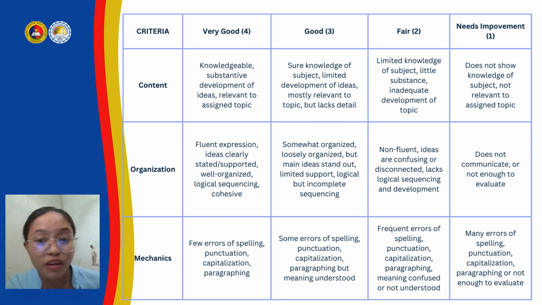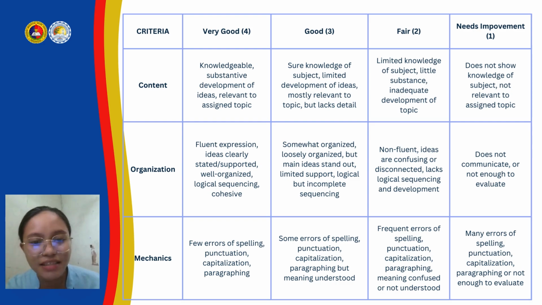So for the good, sure knowledge of subject, but ideas are limited, most relevant to topic, but lacks detail. So it still needs improvement, but still it gets a good point. And for the fair, we have two: limited knowledge of subject, little substance, inadequate development of topic. So it really needs further improvement.